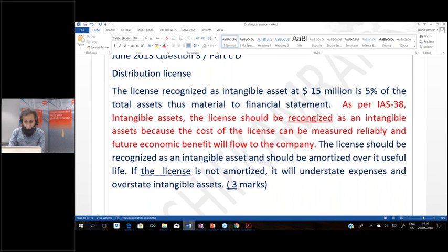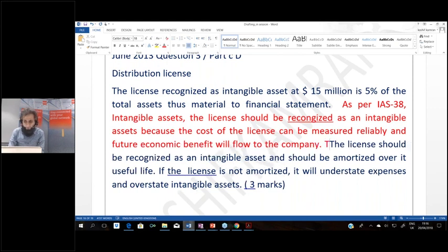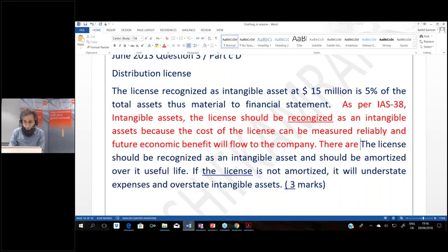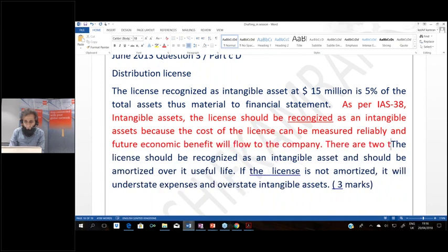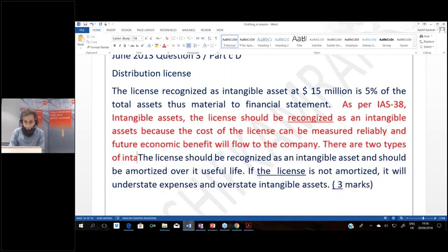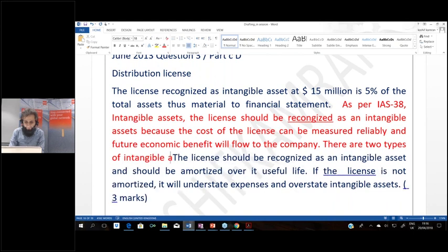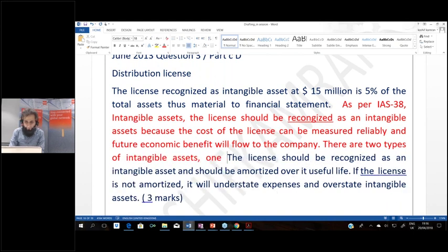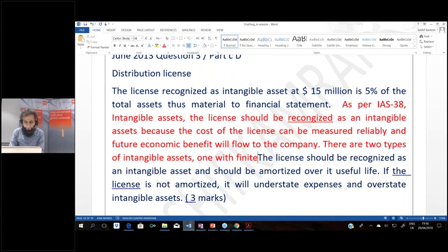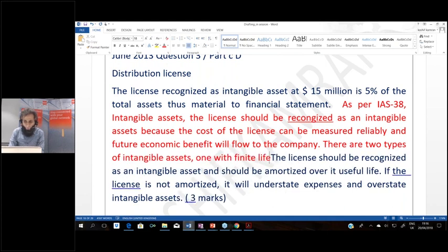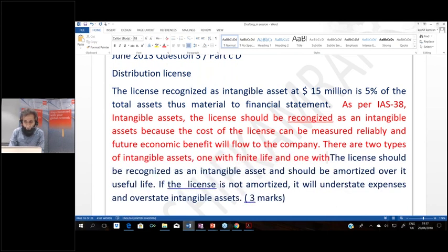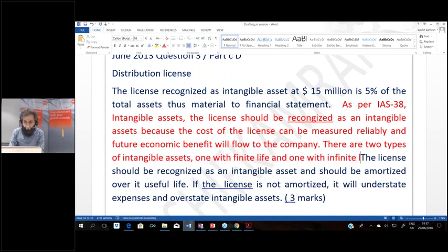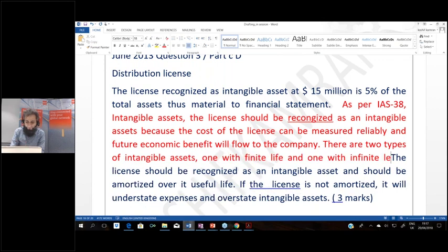Then a student thinks there are two types of intangible assets, one with finite life and one with infinite life. Now the examiner is telling you the license has 5 years useful life, right? There are two types of intangible asset, one with finite life, one with infinite life.